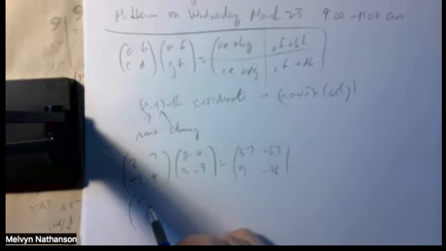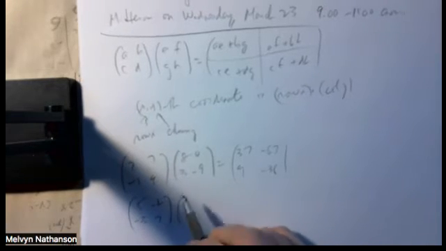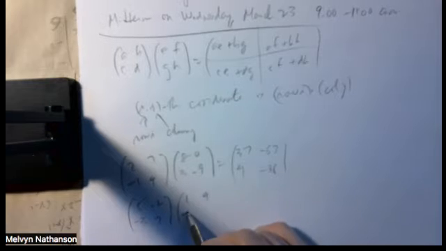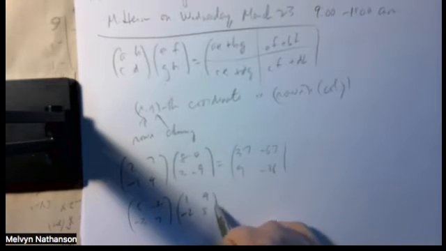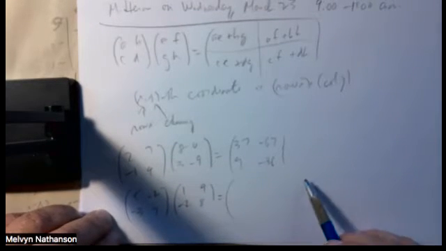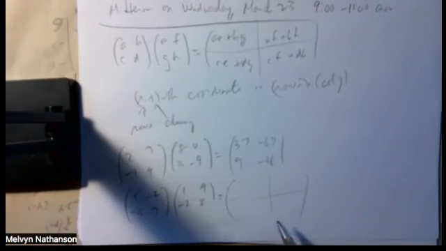So maybe it's an exercise for you right now. Multiply these 2 matrices and tell me what you get. You have to calculate 4 numbers.